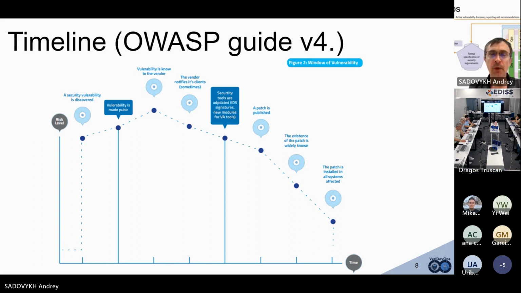However, as we see from practice, taking care of these vulnerabilities takes an enormous amount of time. On this graph, you will see some reports from the Open Web Application Security Project guidelines.